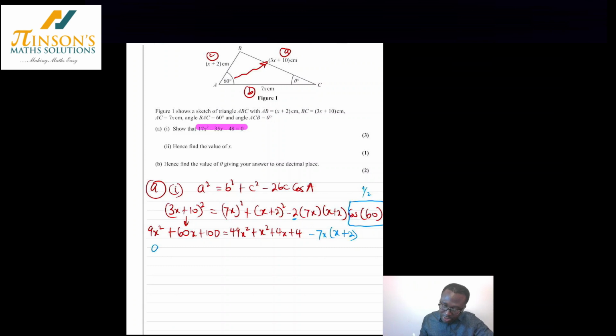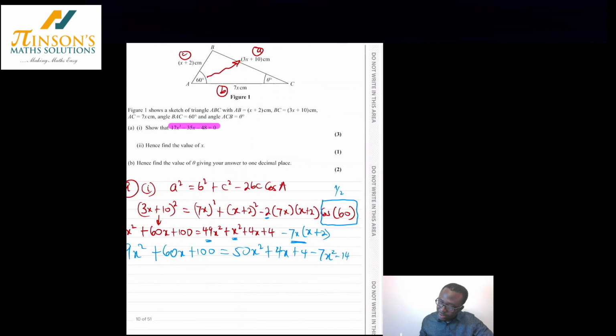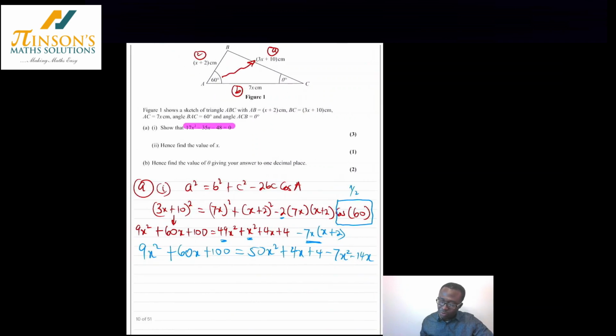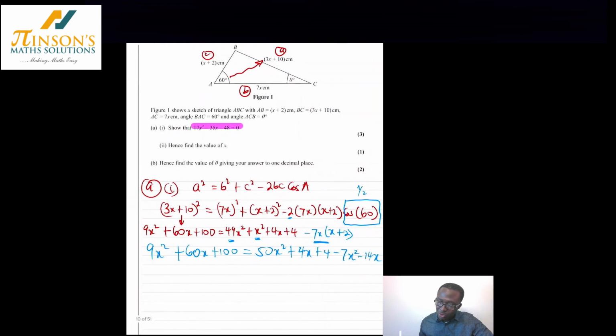So we've got our 9x squared here, add our 60x, add 100, and we see the 49x squared and 1x squared will make 50x squared. And we've got my add 4x, add 4, and as we expand the bracket here, we get minus 7x squared and minus 14x. Okay, now what we've been asked to do is to make sure we've got 0 on one side.